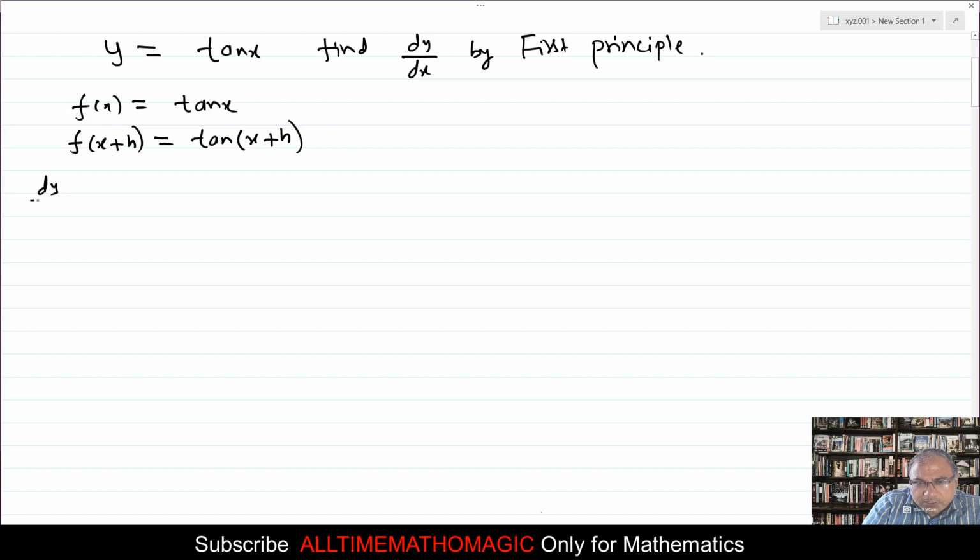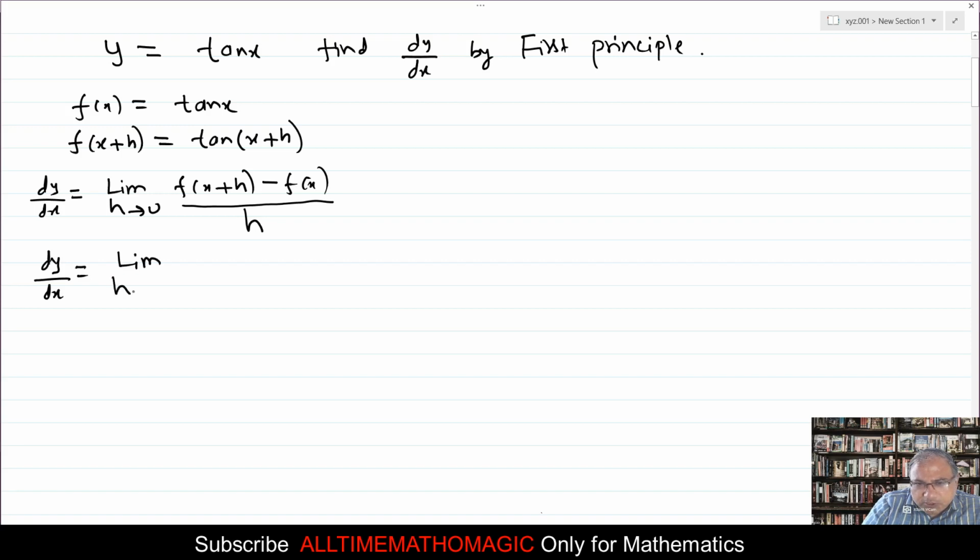Now dy by dx equals limit h tending to 0 of f of x plus h minus f of x upon h. So dy by dx equals limit h tending to 0 of tan of x plus h minus tan x upon h.